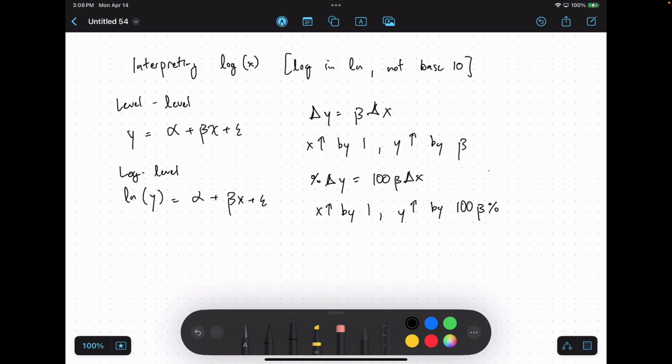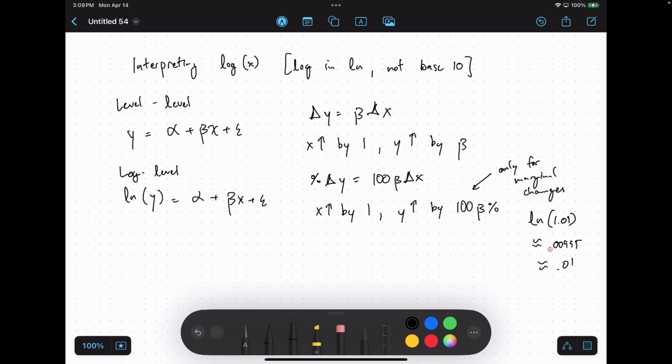But what they don't tell you in these econ classes, or maybe they give you a little warning, is that this is only for marginal changes. Okay, and the reason why I can simplify the interpretation this way is because the ln of 1.01 is approximately equal to 0.00995, or about 0.01.